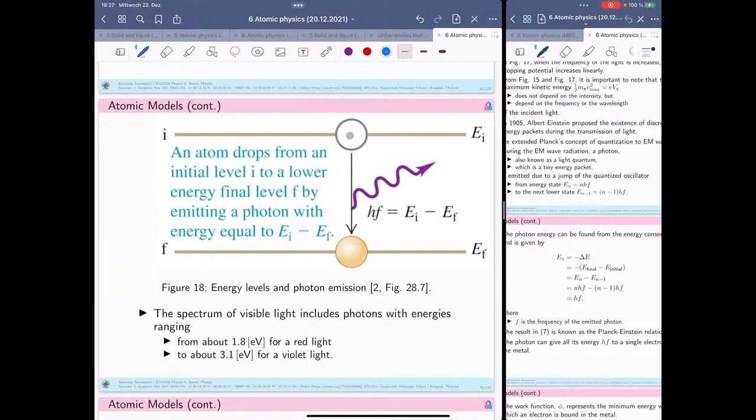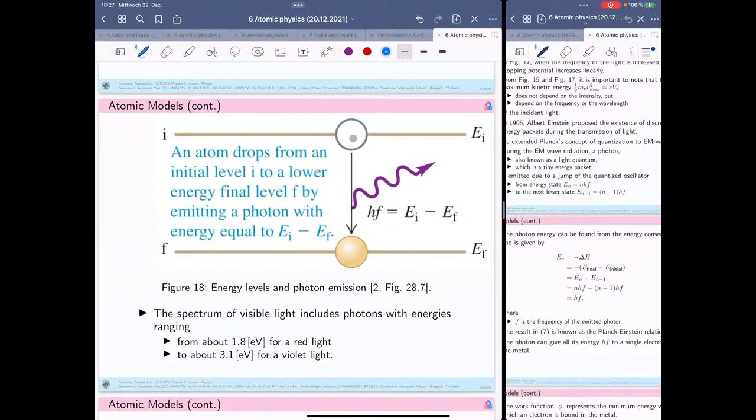Assume that the electron starts from the initial energy, which is the higher state, to the lower state, which is denoted by the final energy state here. An atom drops from an initial level I to a lower energy final level F by emitting.